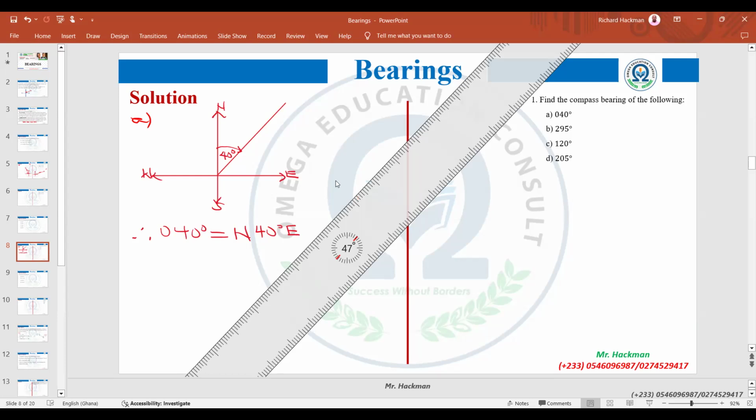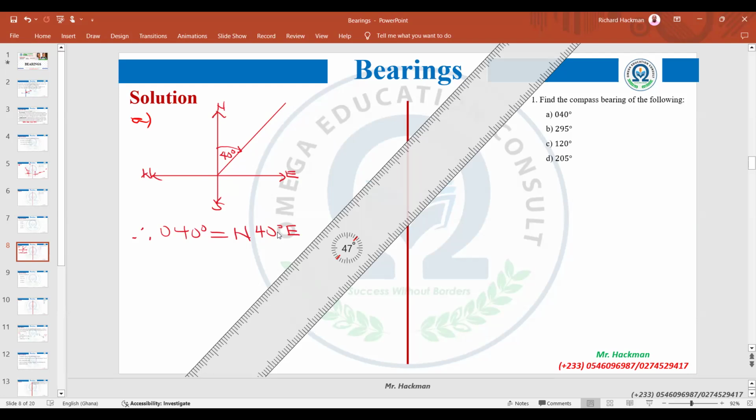Anytime you are dealing with the compass bearing, your lines will always be in either this quadrant, this quadrant, or this quadrant. Anywhere that your line will be located, you see north or you see south, and you always have to start with the north or south.